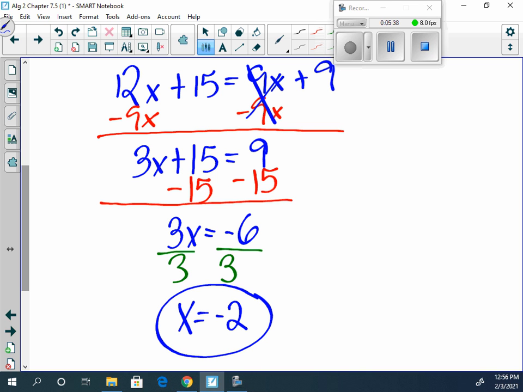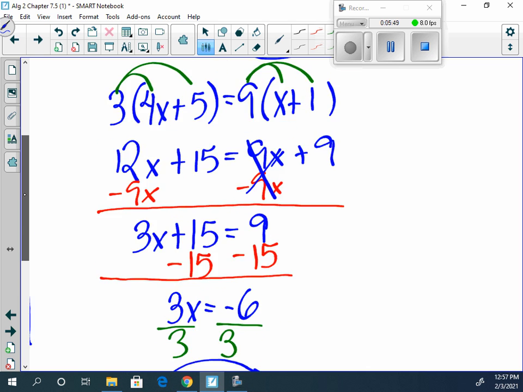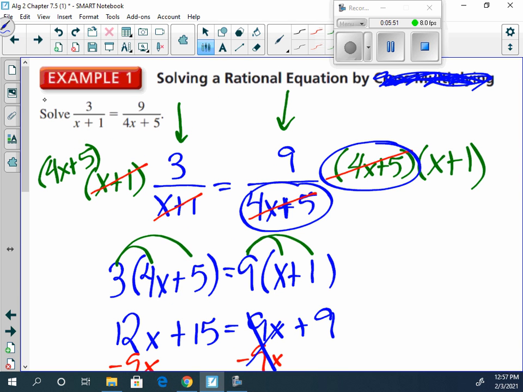As long as it's not one of our restrictions, then we're good. Is -2 one of our restrictions? Or did we list any restrictions? Well, no. Okay, let's go back and look and see.